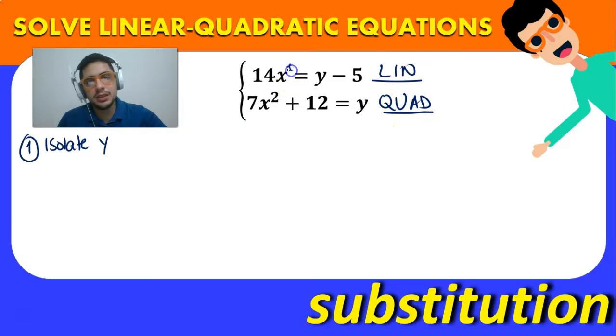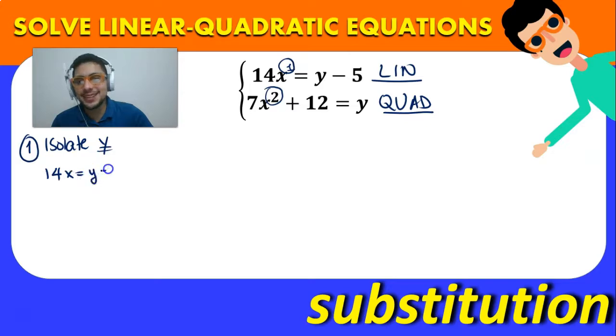We can see that because the linear one has an exponent of 1, and the quadratic one has an exponent of 2. And then we're going to isolate y on both. So the first one is 14x is equal to y minus 5. Because we want to solve for y, y is going to be equal to 14x plus 5. And that is going to be our first equation being isolated.